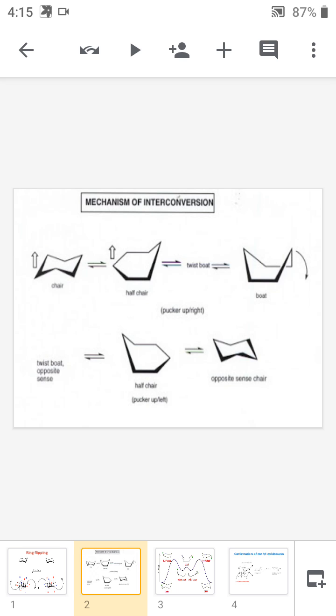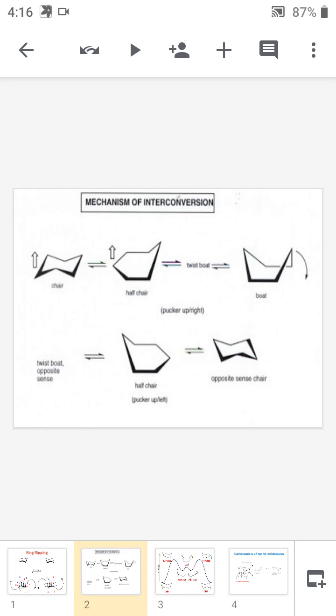The twisted boat has no angular strain, since it has the tetrahedral bond angle, and it also lacks steric strain, because in the twisted boat both ends of the boat are at maximum distance apart, so it is devoid of torsion and steric strain, and it is again converted into a half chair. But see here, the position of this half chair is entirely different, it is opposite.